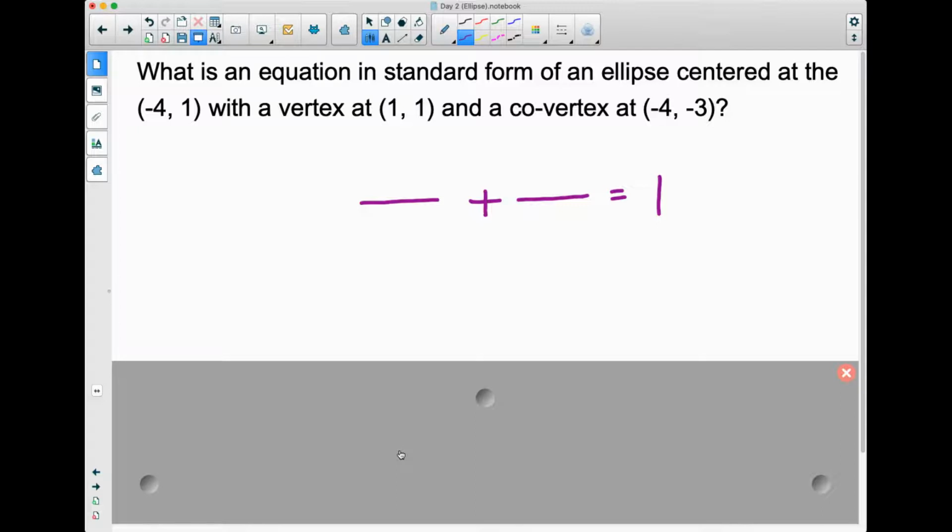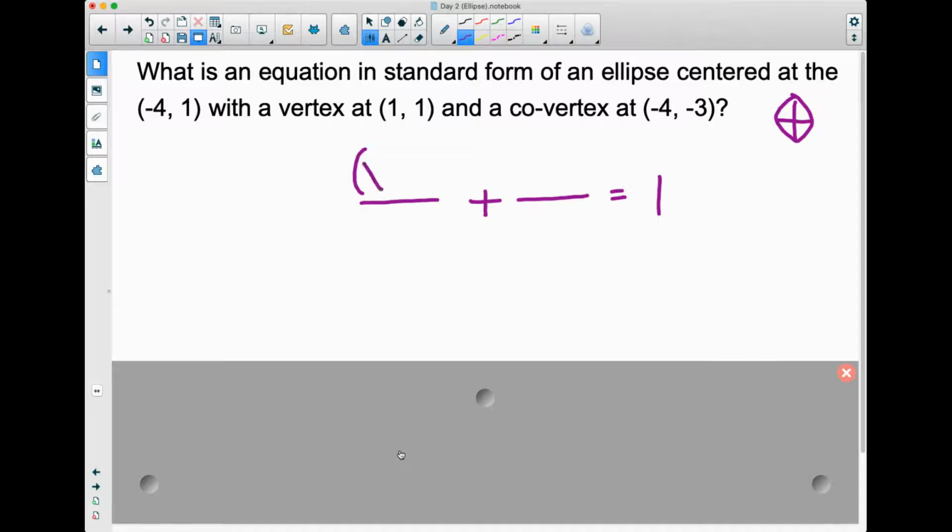I always remember this because this is going to be the same layout for a hyperbola, which is the next thing we're going to do. But then it's going to have a minus sign here. But the plus sign makes me think of me drawing an ellipse, if that helps you remember which one has a plus and which one has a minus.